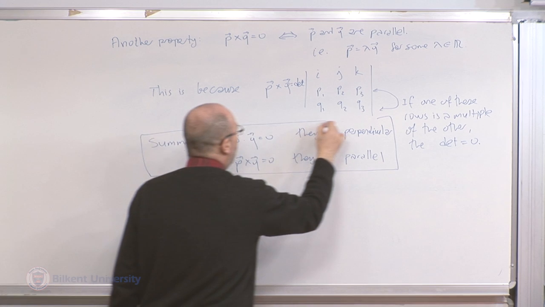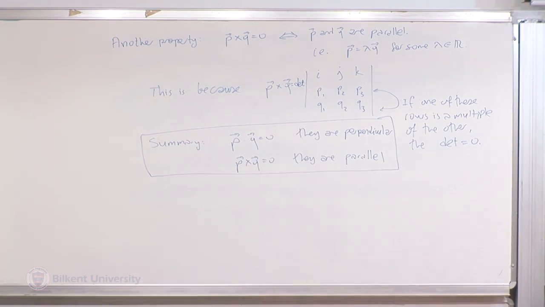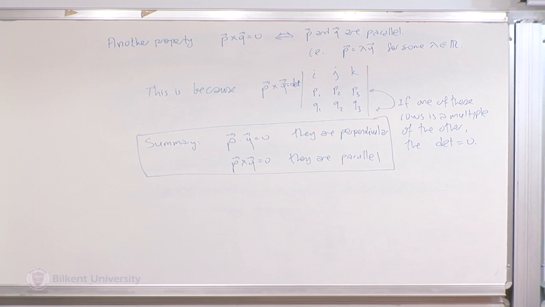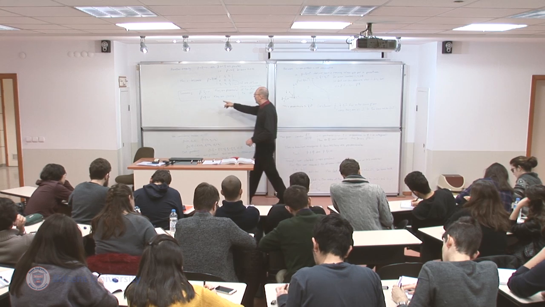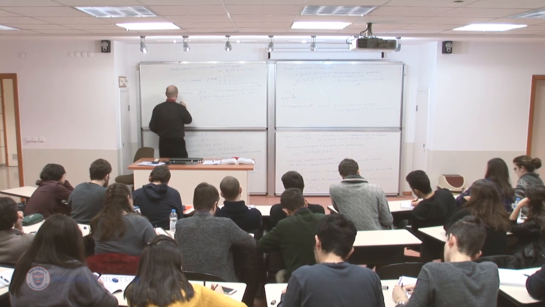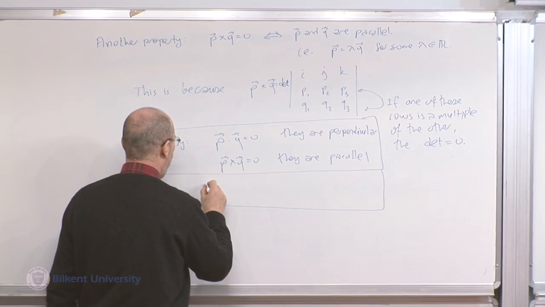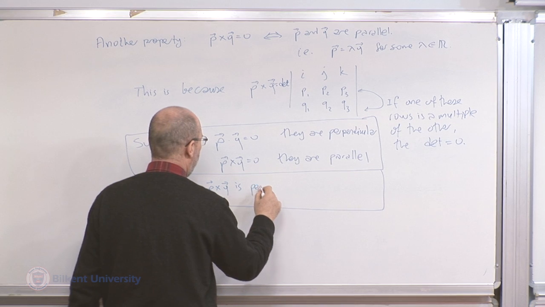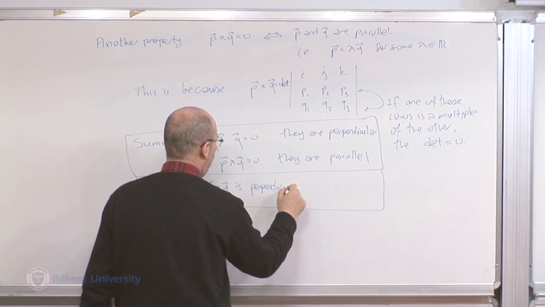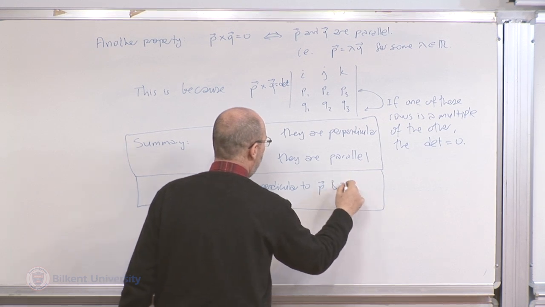This is the geometric conclusion when these products are 0. And the cross product is a vector, so maybe we also add that P cross Q is perpendicular to P and also Q.